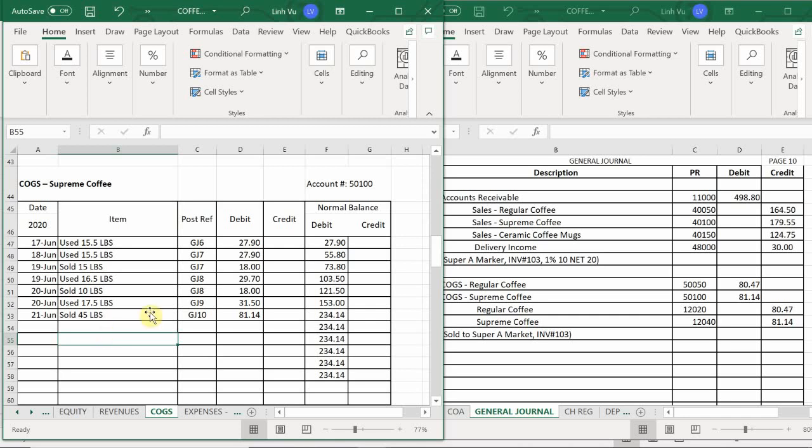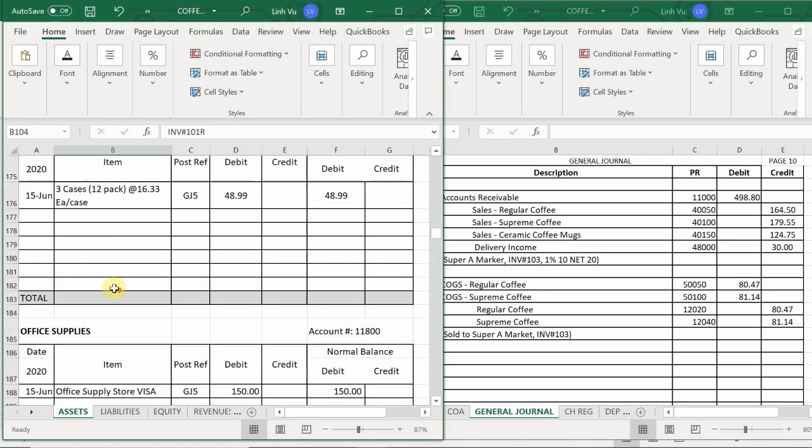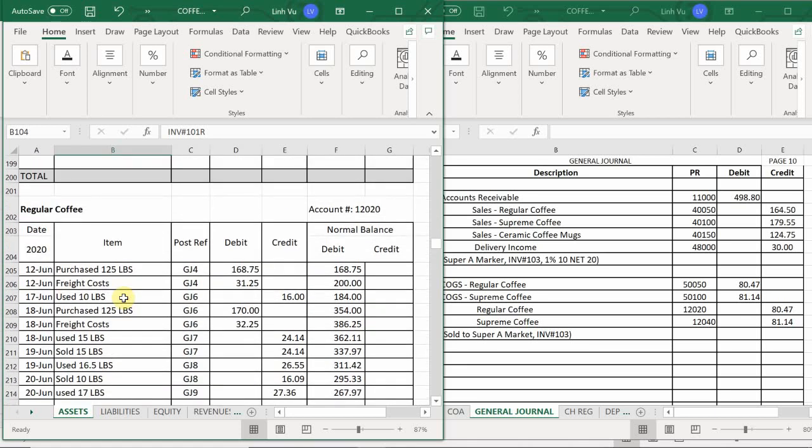Okay. Now all we have to do is just update our assets, right? Our inventory. So drop down to your regular coffee. Here we are.